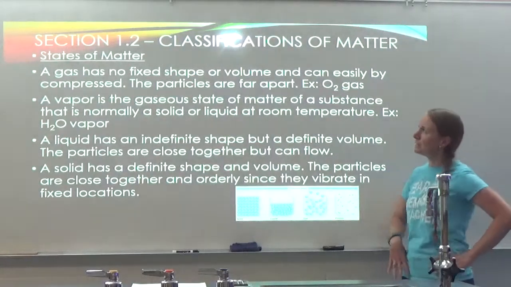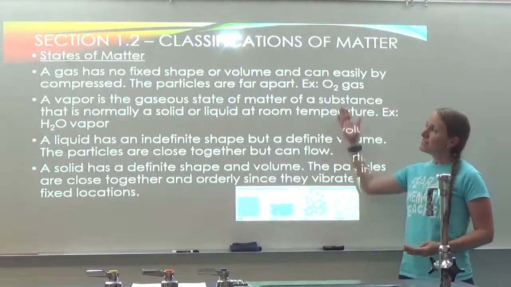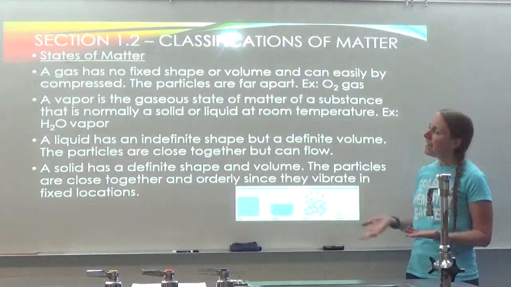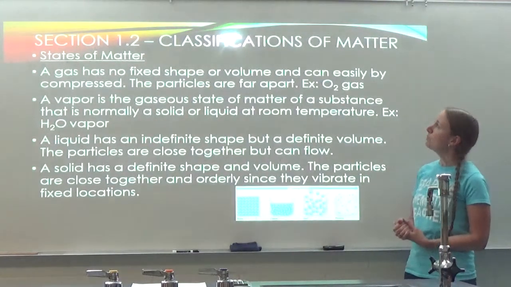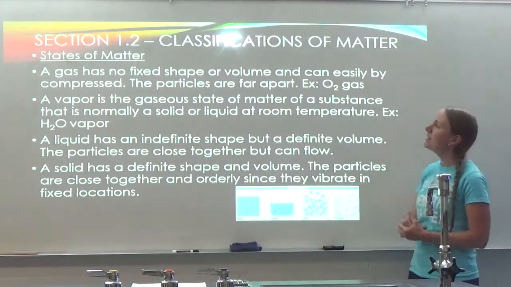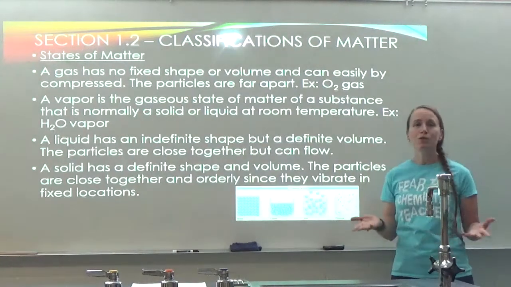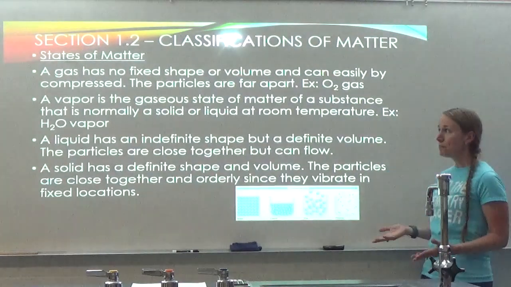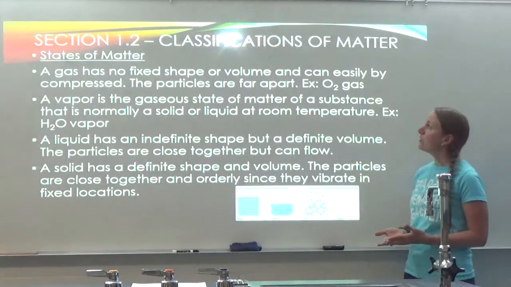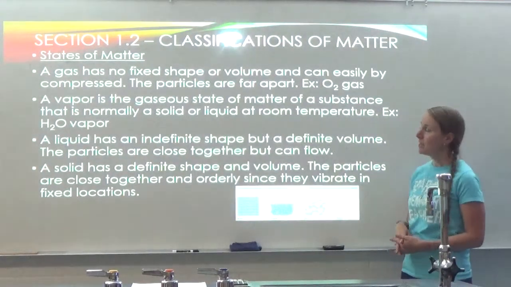Section 2, classification of matter. So, the states of matter. We have a gas, which has no fixed shape or volume and can easily be compressed. The particles are far apart. For example, O2 gas. A vapor is the gaseous state of matter of a substance that is normally a solid or liquid at room temperature.